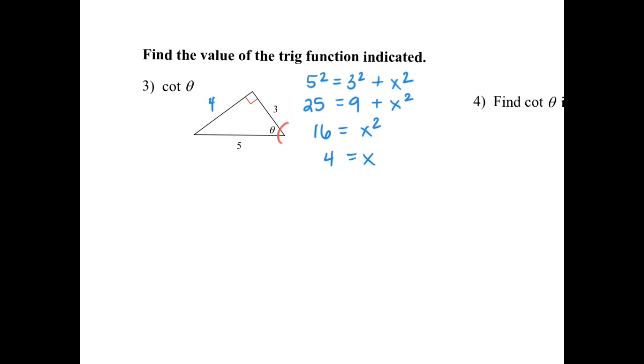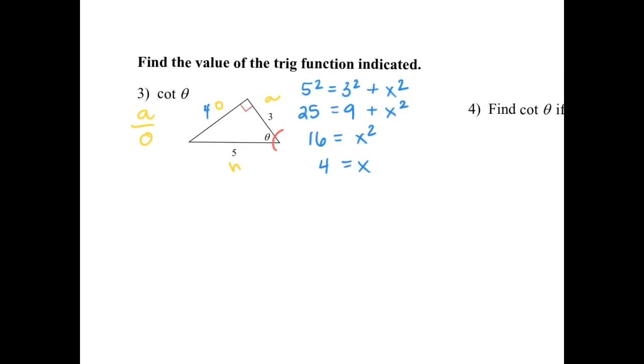But the better you are at recognizing those special right triangles, whether it be a 30, 60, 90, a 45, 45, 90, or a Pythagorean triple, the quicker these problems are going to get for you. I know that cotangent is adjacent over opposite. If I label this, I've got hypotenuse, opposite, adjacent. My adjacent is 3, my opposite is 4. So my answer is 3/4.